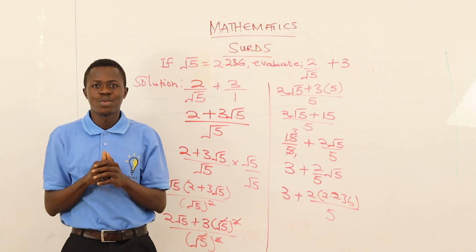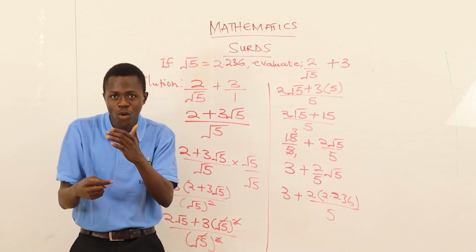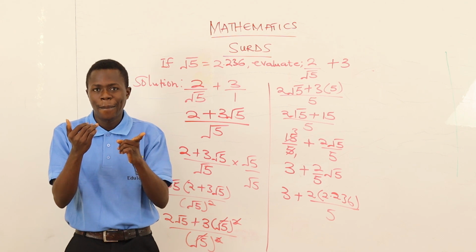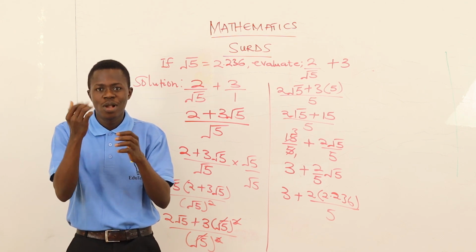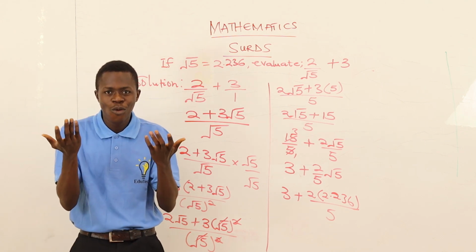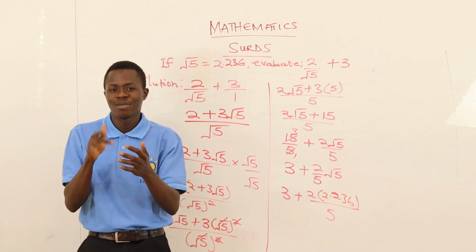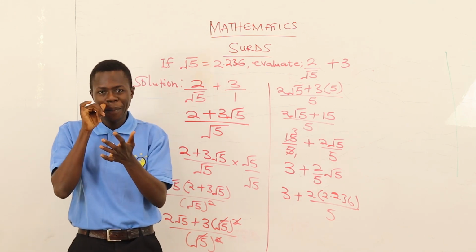So what we are going to do here is that we are supposed to calculate using our calculator. We are supposed to enter the answer. So can you try that using your calculator?